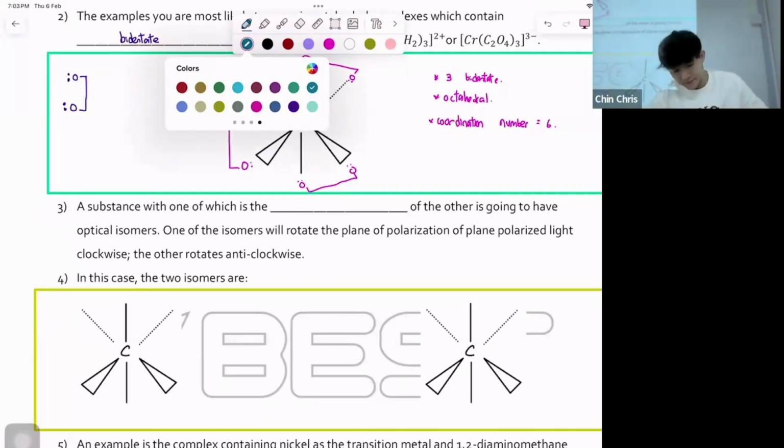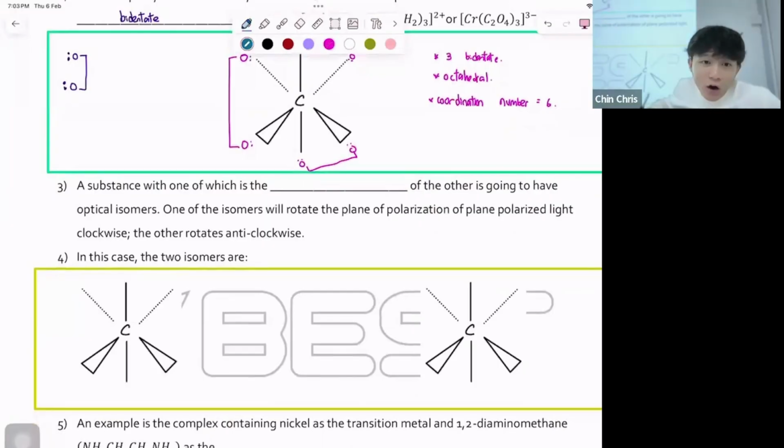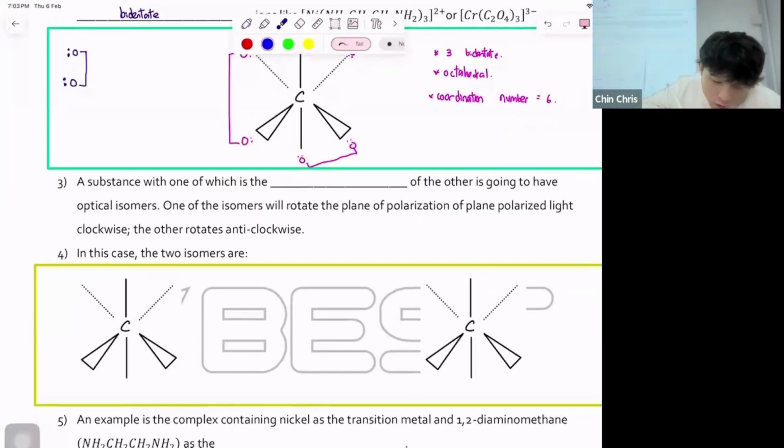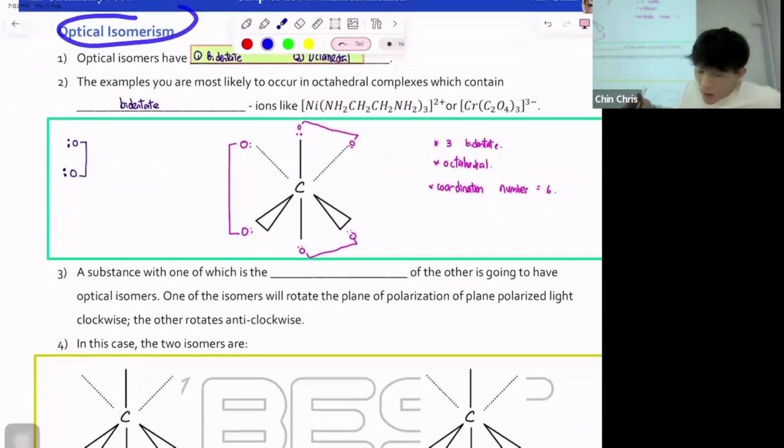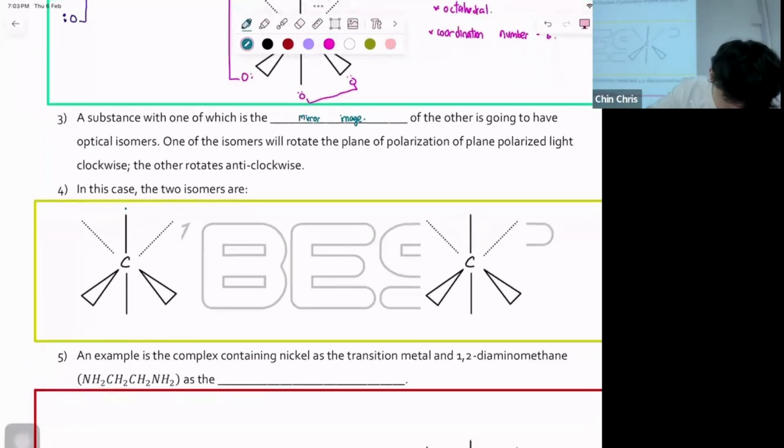All right guys, next. Let's look at your optical isomer. You can draw a mirror image right now. So let's draw a mirror image. I'm going to redraw. Try drawing a mirror image.